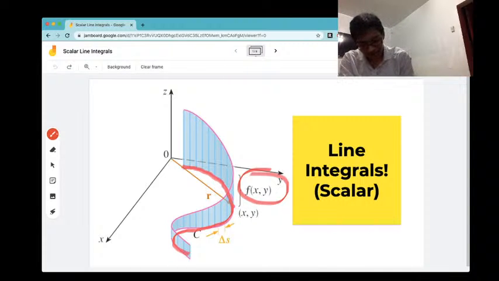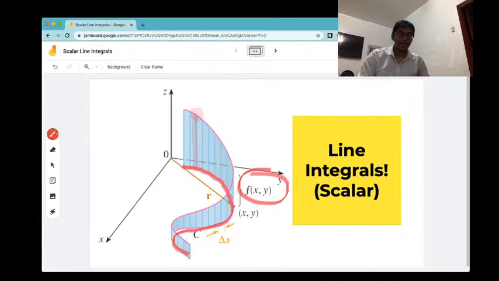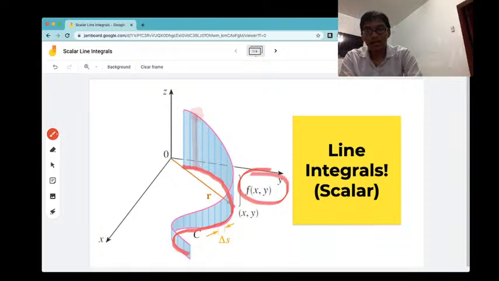So let me show you what I mean. For example, this point right here might be mapped to this point on the z-axis, right? So hopefully you see what I mean by that. And the line integral, the scalar line integral, is going to calculate the area of this bridge between the two-dimensional xy plane and the actual height of the surface.